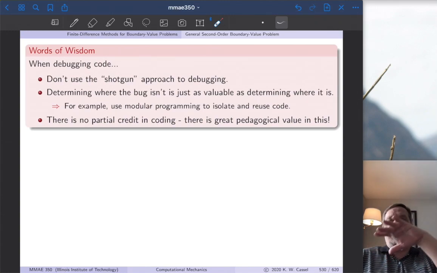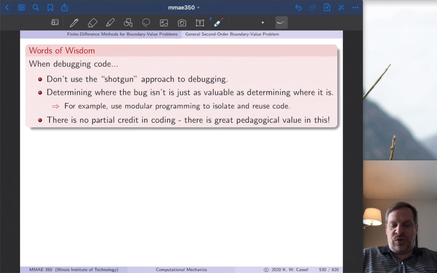In fact, you are improving the code, but until it actually does give the correct answer, you don't feel like it's done. And I find pedagogically, which is a fancy word for teaching, that there's a lot of value in that. There's no partial credit for coding. It has to work properly, it has to be completely correct, otherwise it won't give you the right solution.